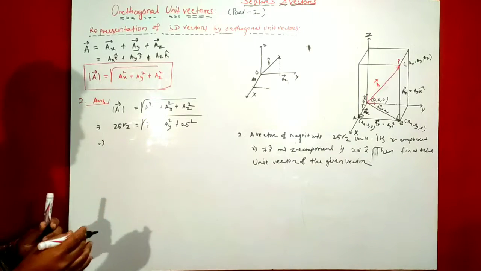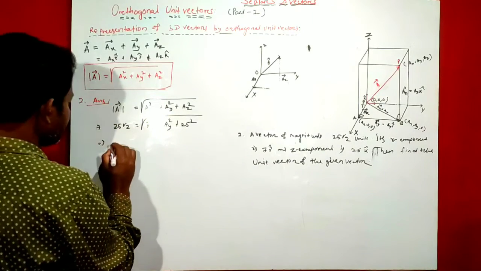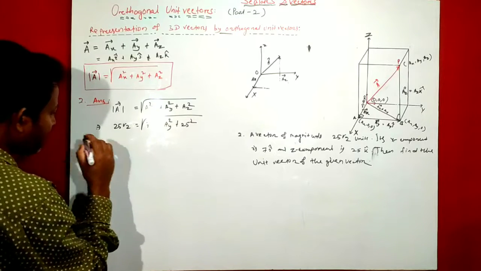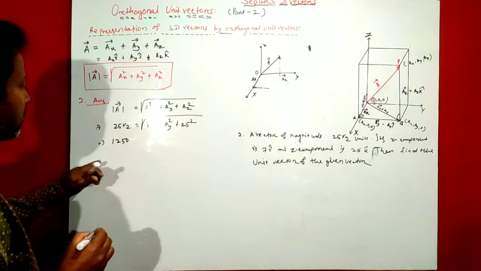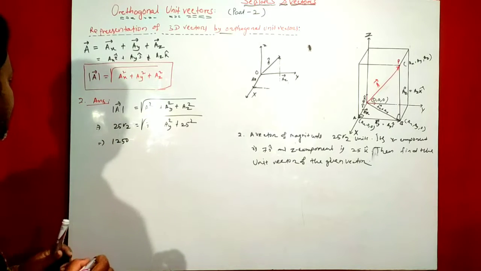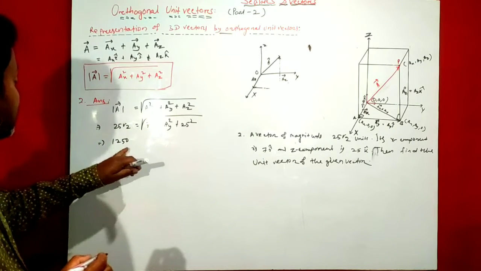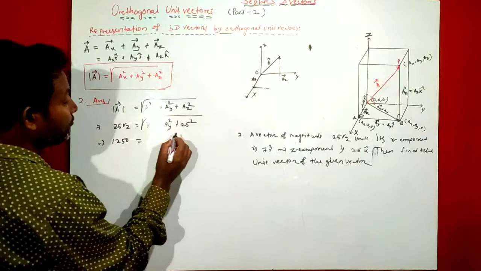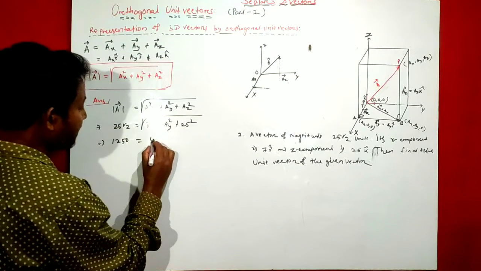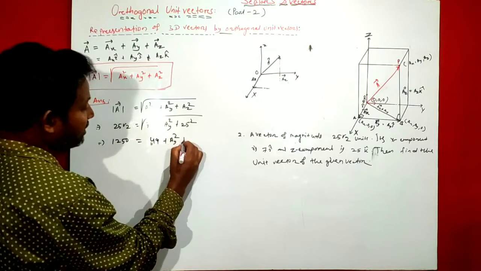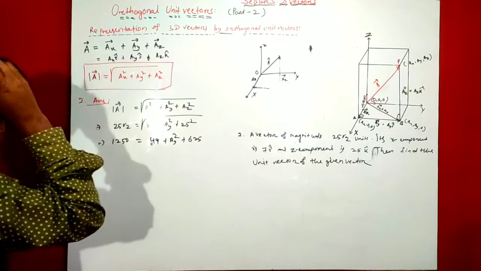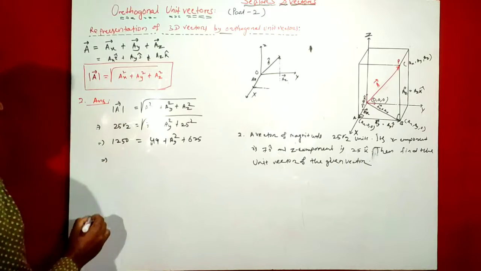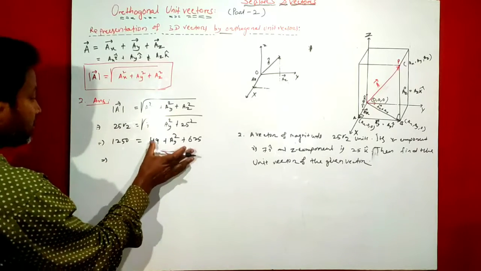Then squaring both sides, we get 25 square into 2, that is 625 into 2, which is 1250, is equal to 49 plus a y square plus 625.